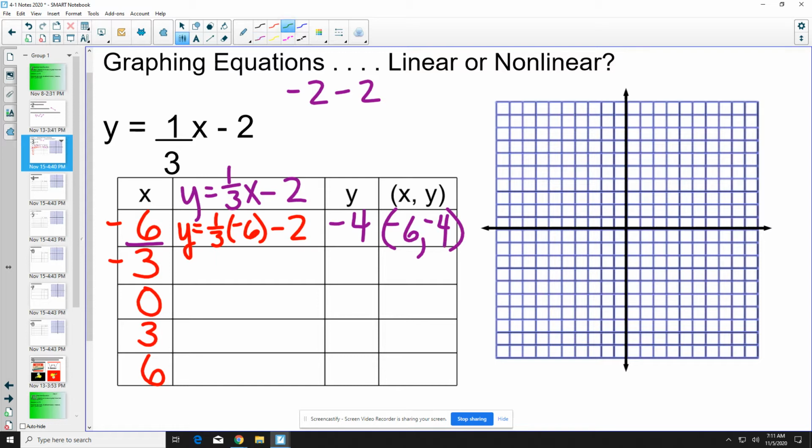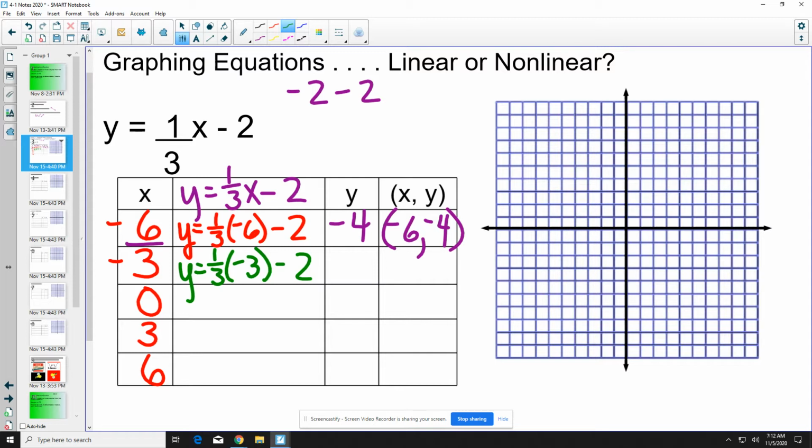Now I'm going to put -3 in for x. So y equals 1/3 times -3 minus 2. So when I find 1/3 of -3, and I need you to do this in your table, make sure you're writing this down. When I find 1/3 of -3, I'm taking -3 and dividing by 3. So 3 divided by 3 is 1.